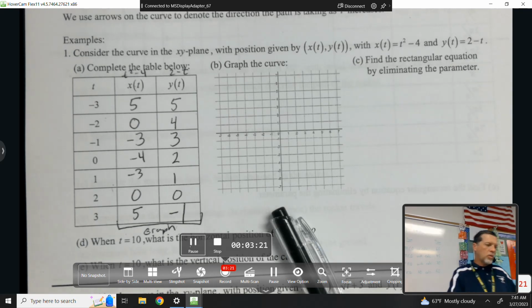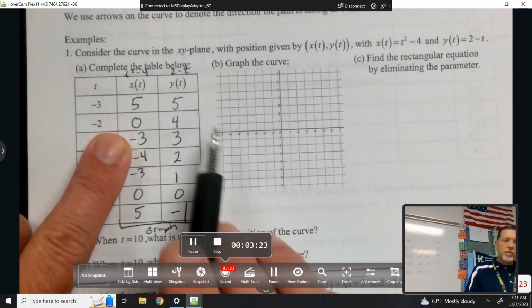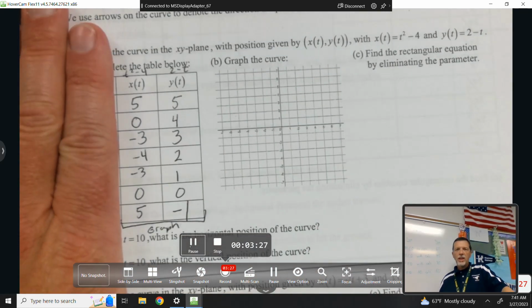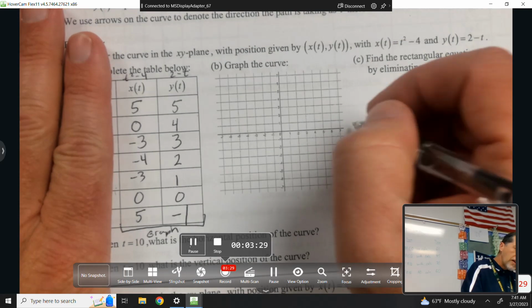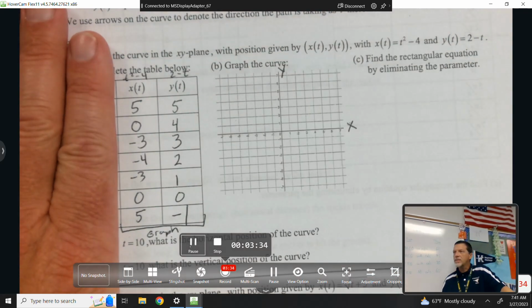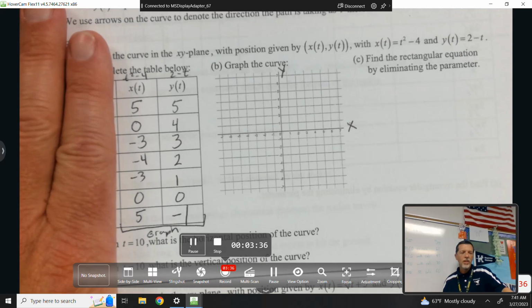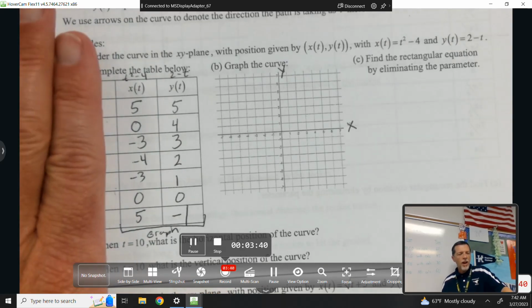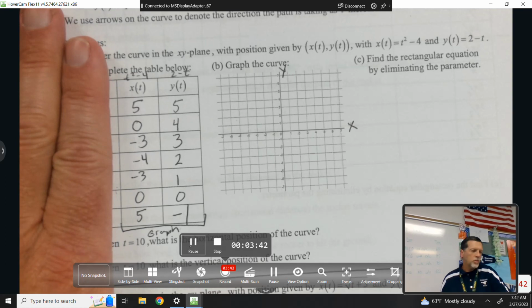And then we take those points and we'll plot them. Now, plotting them works just like always. You sort of ignore the t when it comes to the plot, because this graph over here is an x-y graph. So I'll plot the x and the y. Okay, so be careful. You use t to come up with x and y, but then when you go to the graph, you don't use t anymore. You only use x and y.